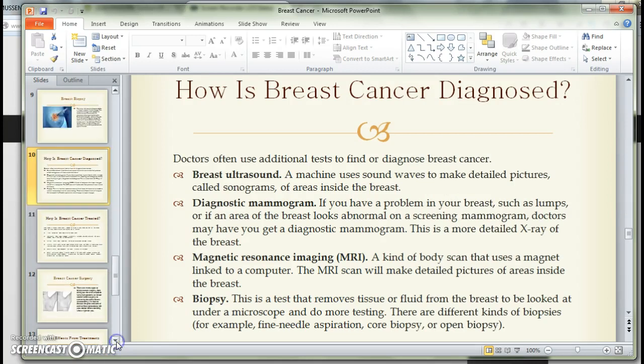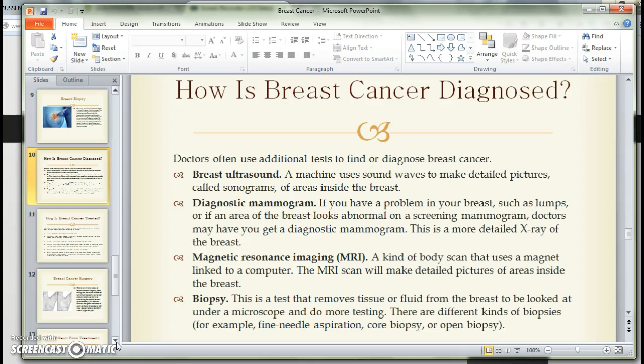And how is breast cancer diagnosed? It can be diagnosed with an ultrasound, a machine that uses sound waves to make detailed pictures called sonograms of areas inside the breast. A mammogram: if you have a problem in your breast, such as a lump, or if an area of the breast looks abnormal on a screening mammogram, doctors may order a diagnostic mammogram.